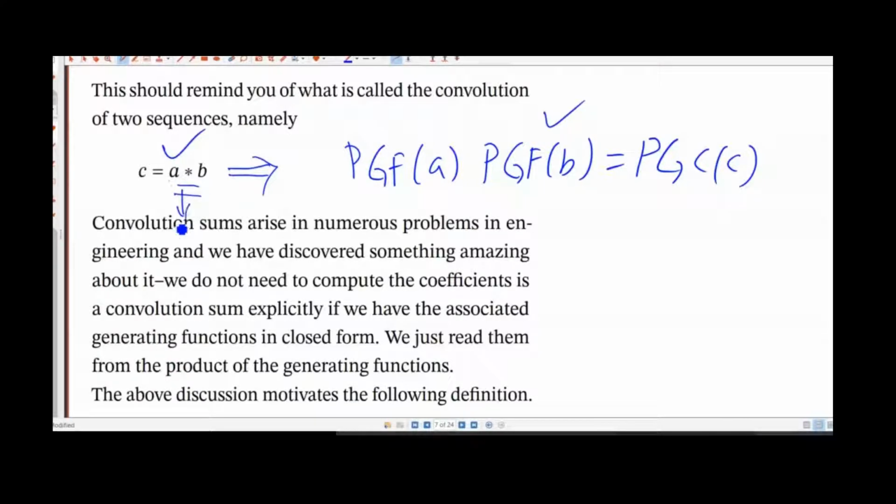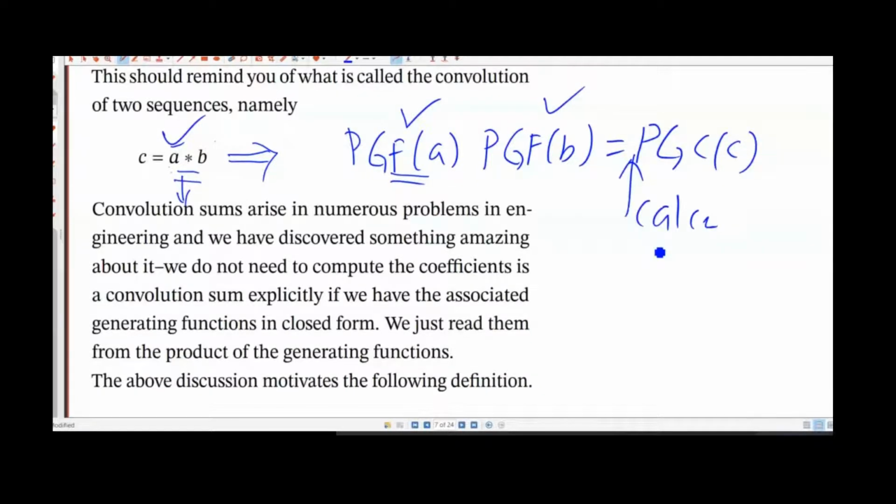But here you have a nice function, a polynomial or a series. Of course, this is actually a series. Remember, A and B are sequences, and the PGF is a power series. You multiply two power series, and you get another power series. So here, you are into calculus, and here, you are into something which you probably don't like.